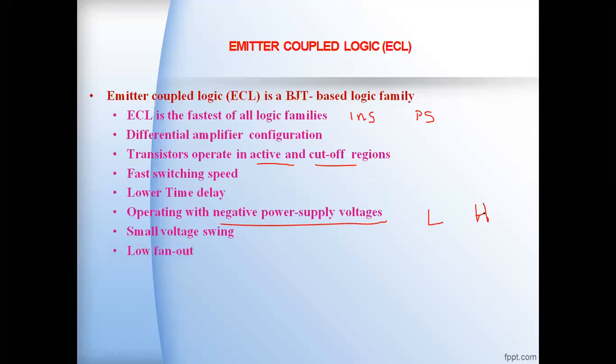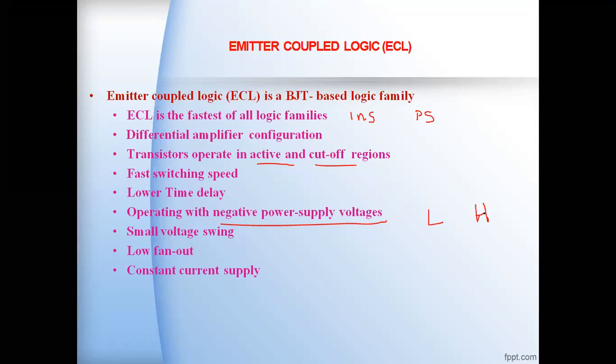And low fan out, which is one of the drawbacks or disadvantages of the ECL. It has a low fan out and it produces a constant current supply output. These are some of the characteristics of the emitter coupled logic.